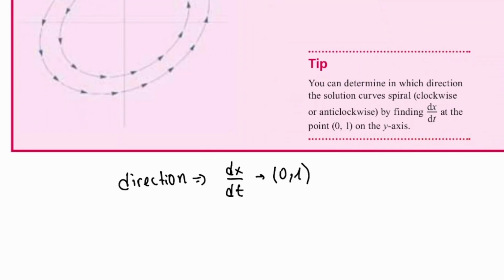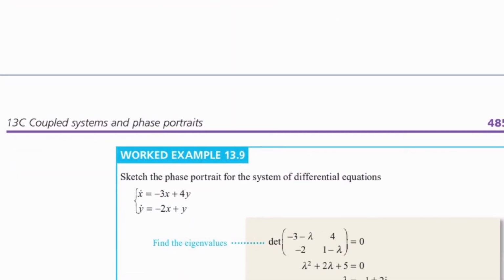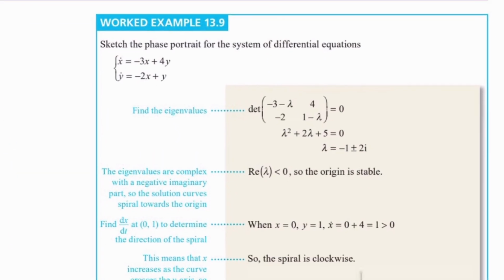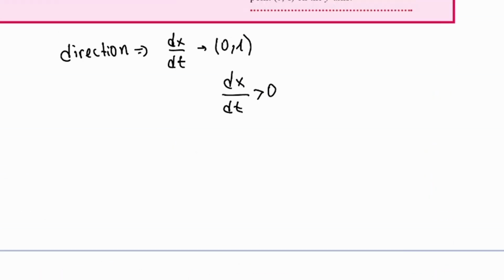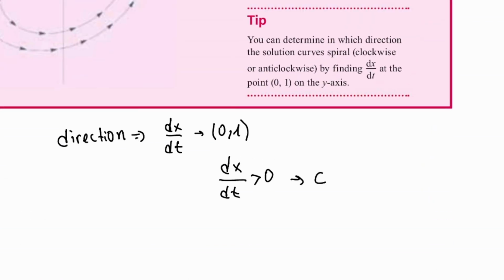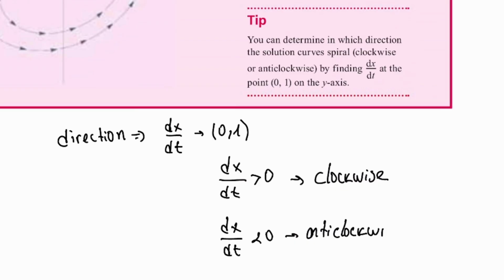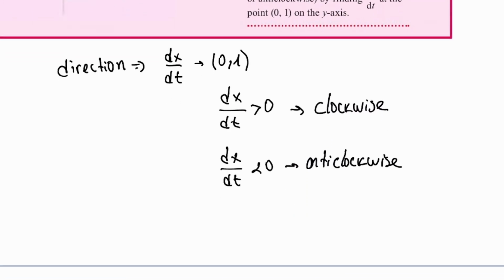Okay, if derivative is bigger than 0, let me see, it's clockwise. Yeah, if the derivative in that point is smaller than 0, anti-clockwise. This is our case.